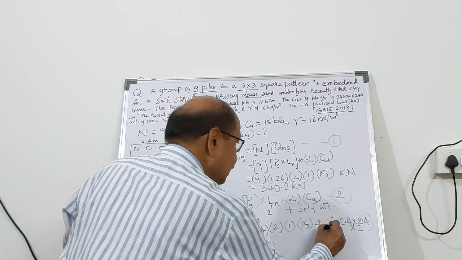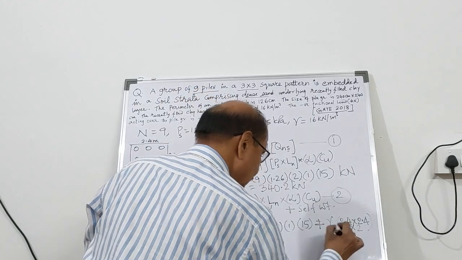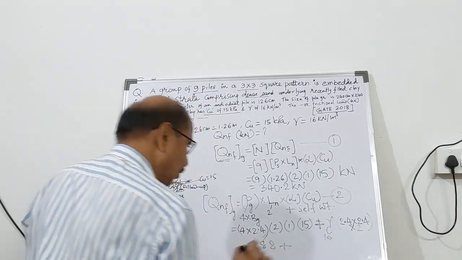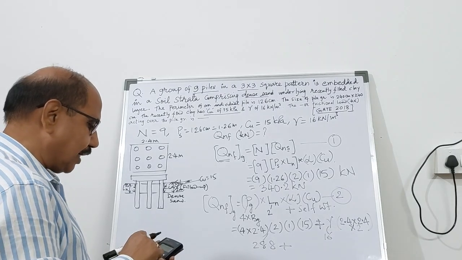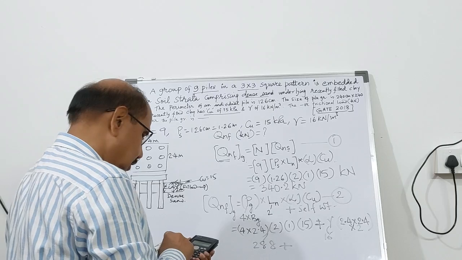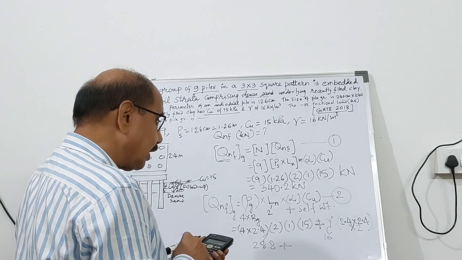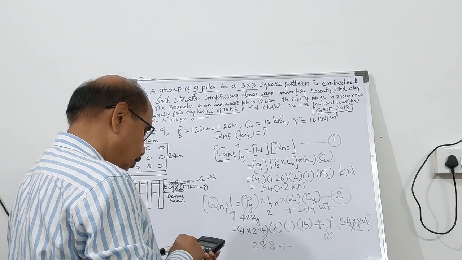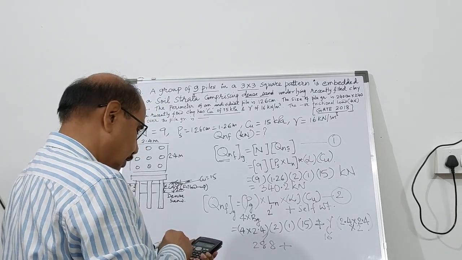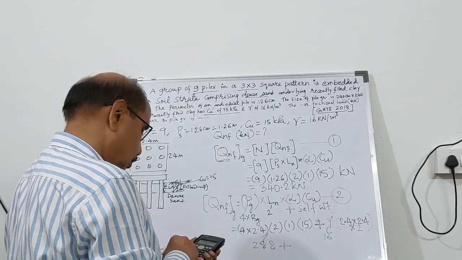And gamma is given in the problem as 16. So we calculate this plus 16 multiplied by 2.4 into 2.4 into 2.